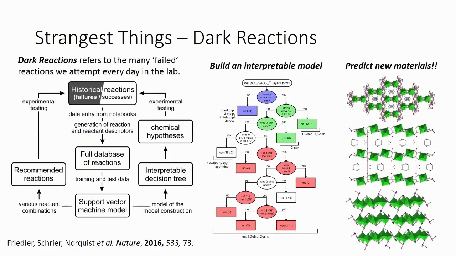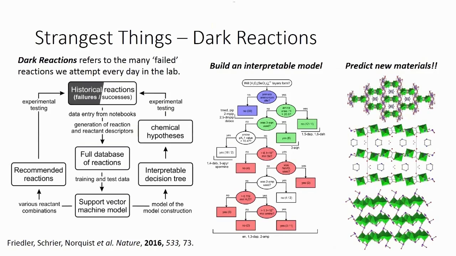Brilliant idea. In our students' lab notebooks, there are hundreds of thousands of failed reactions that never get published, never see the literature, but contain valuable information. In machine learning, bias in the data set, particularly positive bias, destroys your ability to make a predictive model.